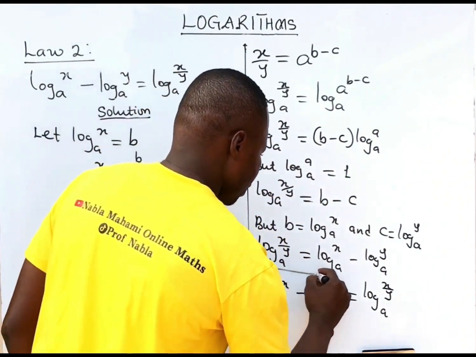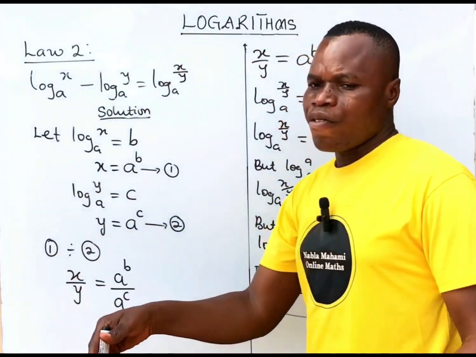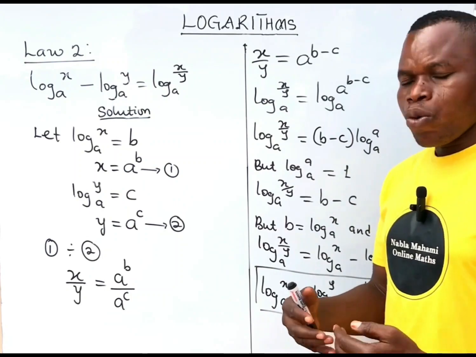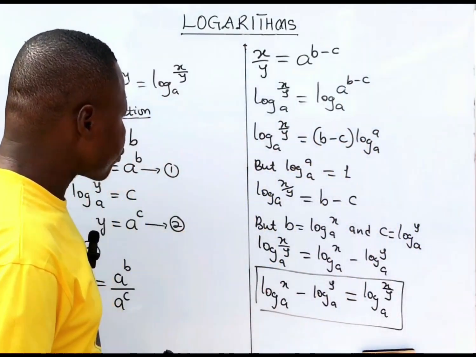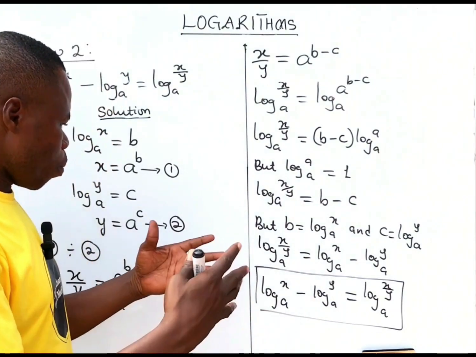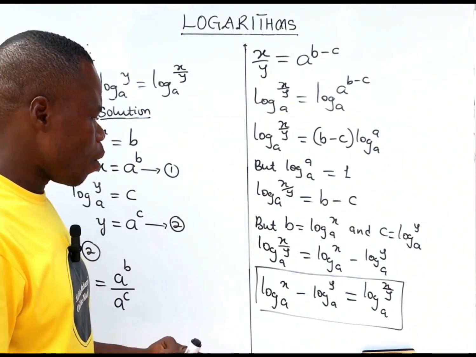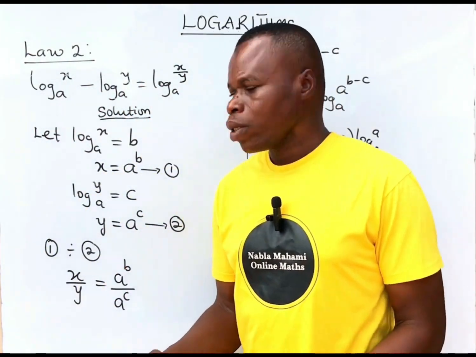And you can see that this one is the same thing as what we have initially. And that is how we prove the second law of logarithms. You can also take your pen and paper, try to follow these steps, and see whether you will be able to prove it on your own.